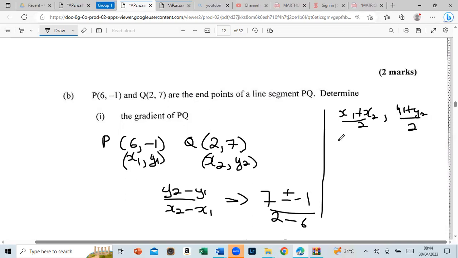So X1 is 6 plus this, which is 2. Put our comma. Y1 is -1 plus 7. So this would give us 8 over 2. Negative plus that gives us +6 over 2. So our point would be 4 and 3.